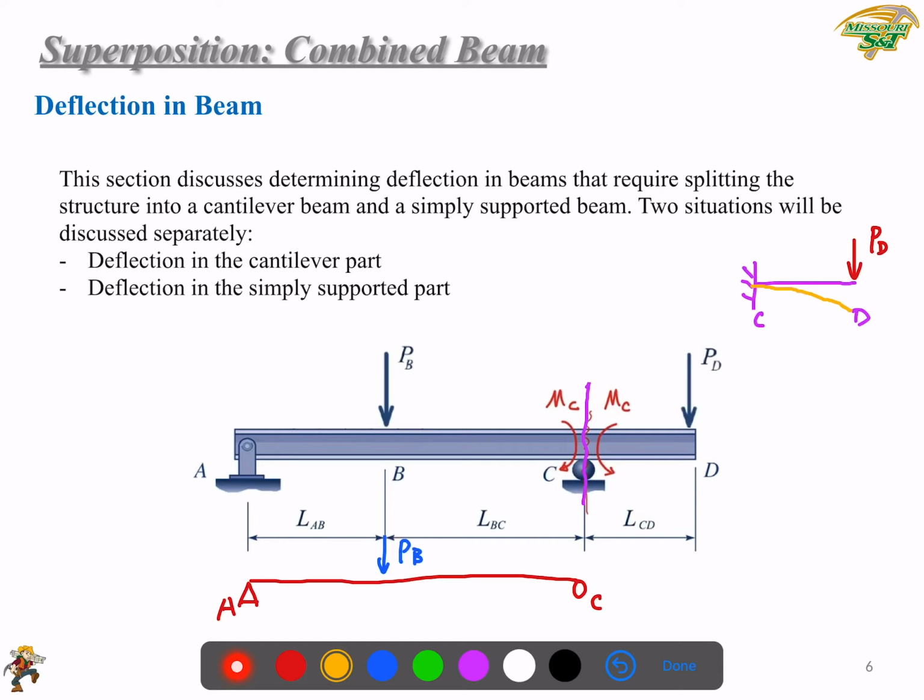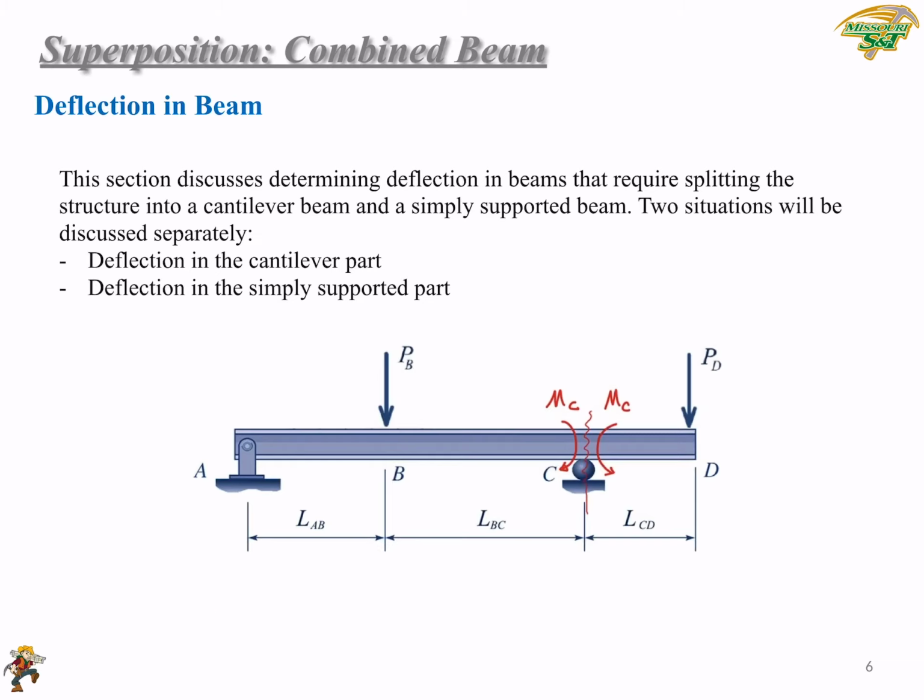Okay, but let's look at the simply supported part. AC is subjected to PB, but is that all? Is that all of the external loading that the section AC is subjected to? Actually, a part of this PB.